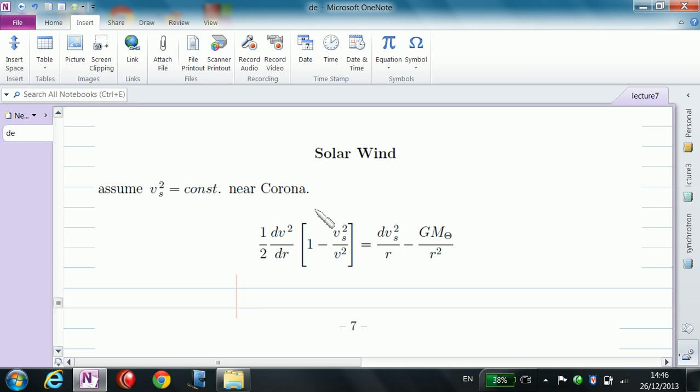But Parker realized that you can't have plasma passing through other plasma. It's unstable. And that was what we just discussed. If you have plasma passing through other plasma, then the distribution function looks like this. This is the beam of particles passing through the thermal plasma.